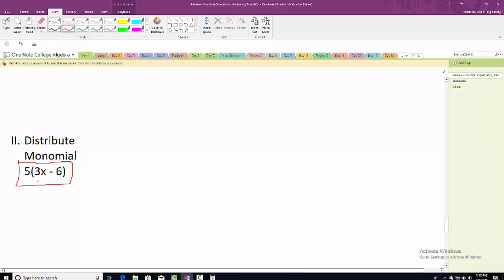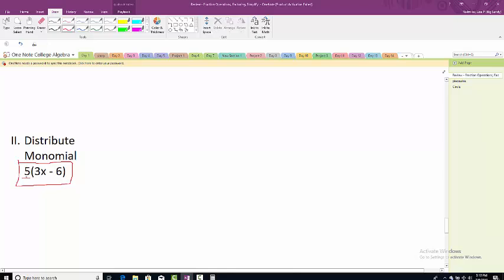We cannot do what's in the parentheses first like our dear Aunt Sally tells us to do, because 3x and 6 are not like terms. You cannot add and subtract unlike terms. But you can multiply unlike terms. And this 5 is being multiplied to this entire thing.